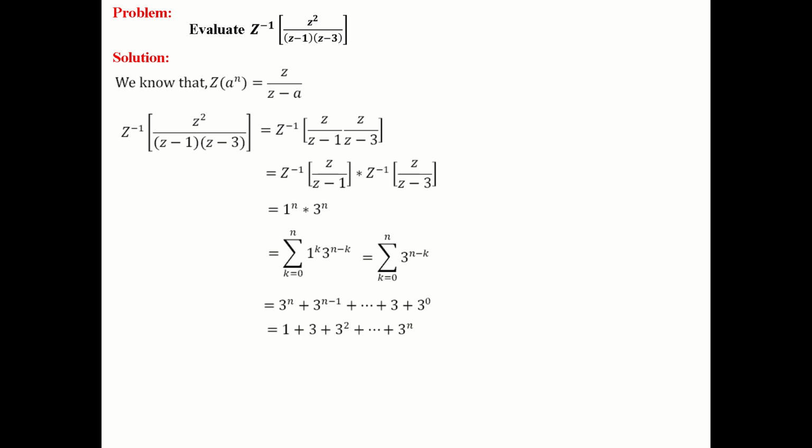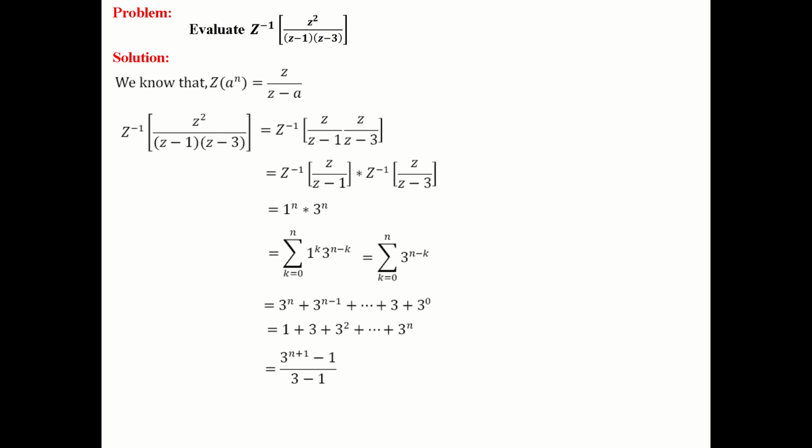Rewriting, 1 plus 3 plus 3 square plus and so on up to 3 power n. Using geometric progression summation, this is a GP with first term 1 and common ratio 3: 1, 1 into 3, 1 into 3 into 3, that is 3 square, 3 cube, and so on.